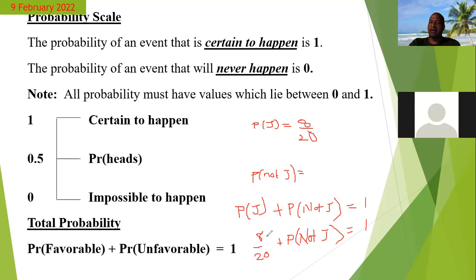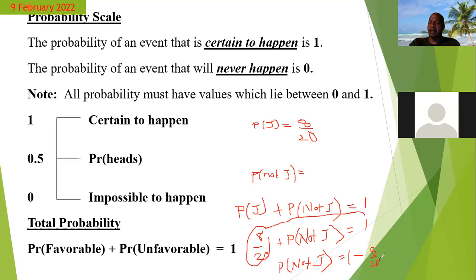We would bring over what we know to the other side of the equation. So the probability of not Julie would be equal to 1 minus the probability of Julie, which is 8 out of 20.